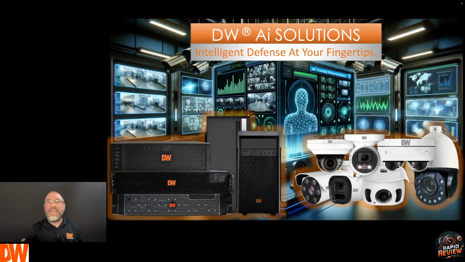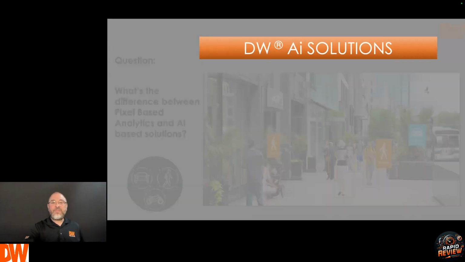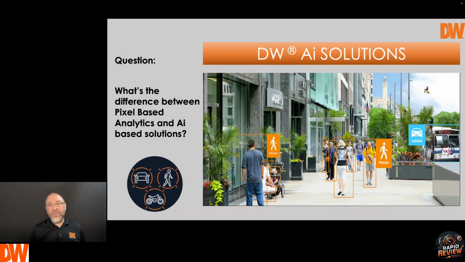Now that we've seen the AI in action, how does it work? Let's talk about the old school way of doing it so you understand how the new school way works. The old school was pixel-based analytics, meaning if you had a bunch of pixels moving around in an area, we had software back in the day that would draw a box around all these moving pixels.